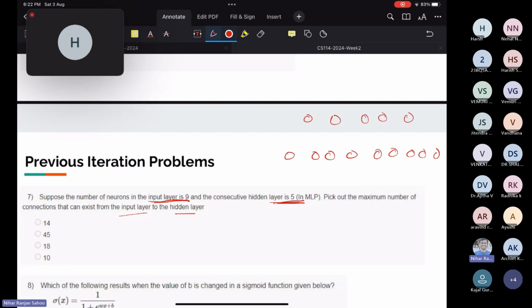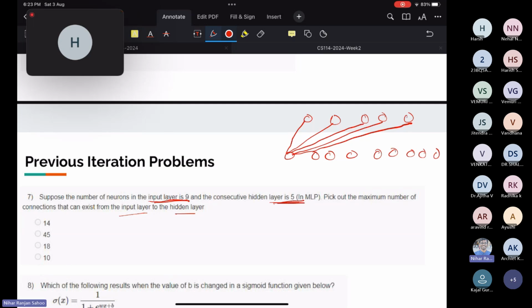So in an MLP, every neuron in the layer L minus 1 will be connected to every neuron in the Lth layer. Forget about the terms input and hidden here; this is the concept for every pair of consecutive layers.